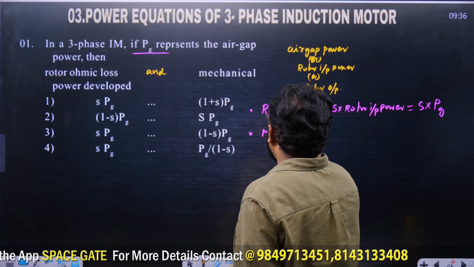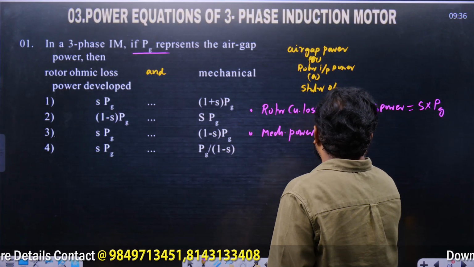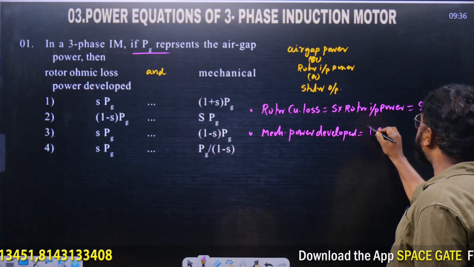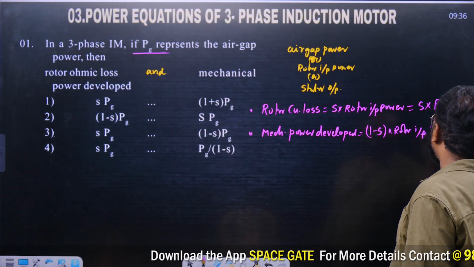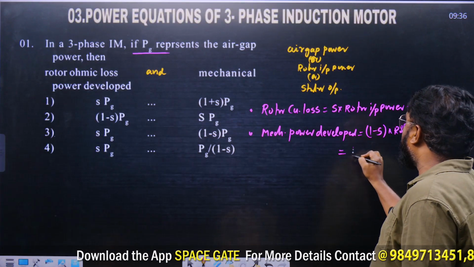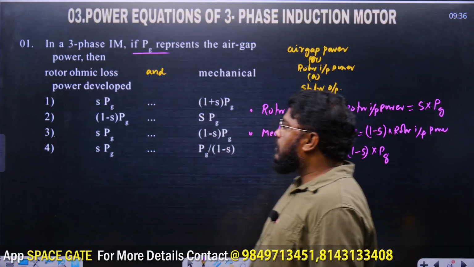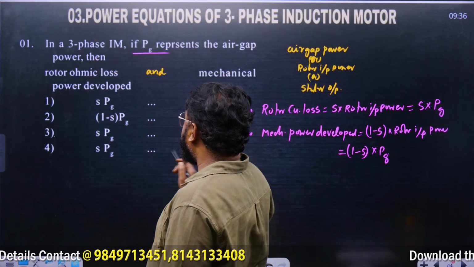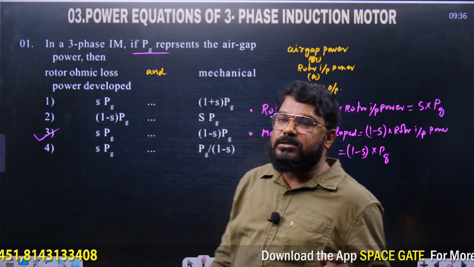It is equal to (1 minus S) times the rotor input power, which is (1 minus S) into Pg. Now select the correct option: rotor ohmic loss S into Pg and (1 minus S) into Pg. So option 3 is correct for this question.